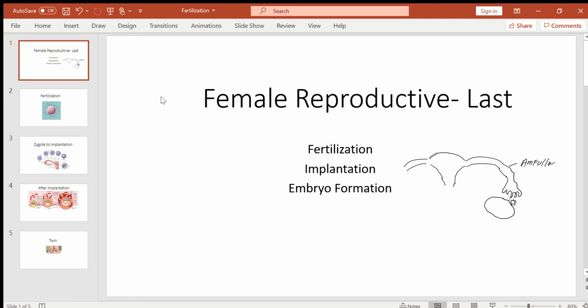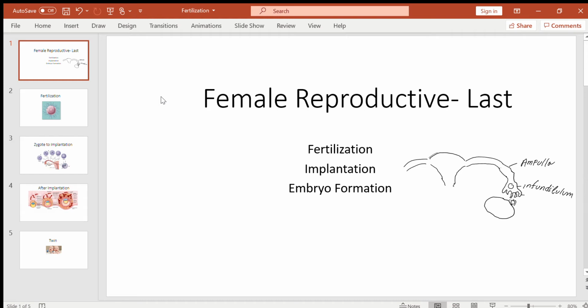Okay, so this is the egg or ovum that has been released from the ovary, and these are fimbriae, finger-like structures. They capture the released egg and take the egg into the fallopian tube, and this part is called the infundibulum. It is like your hand.